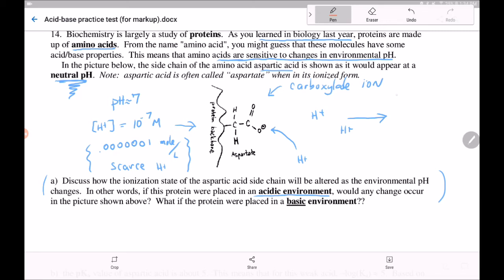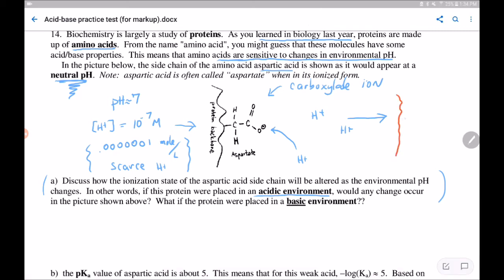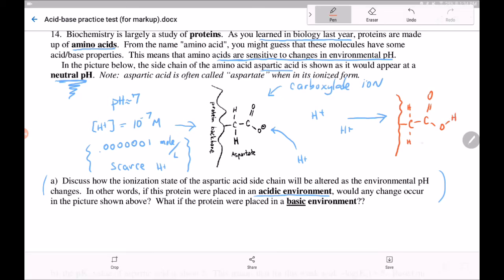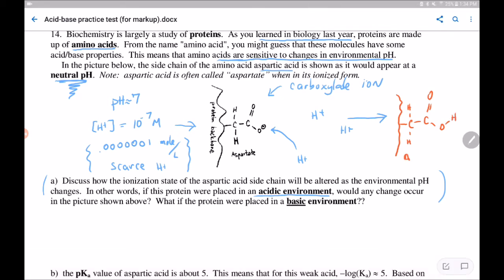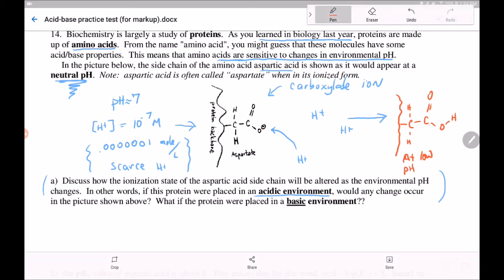So at a low pH, this aspartic acid, or this aspartate, would often be found in this red state here, at low pH. This is the common form that you would expect to see.